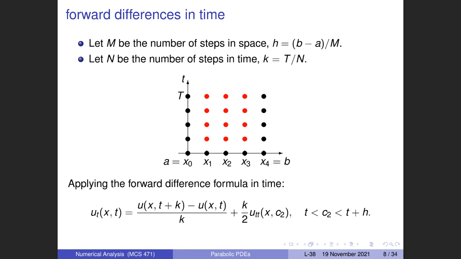On the example here, we have a grid where we are doing 4 time steps. So let me draw what are the grids. We have the red dots, and the red are the unknowns.